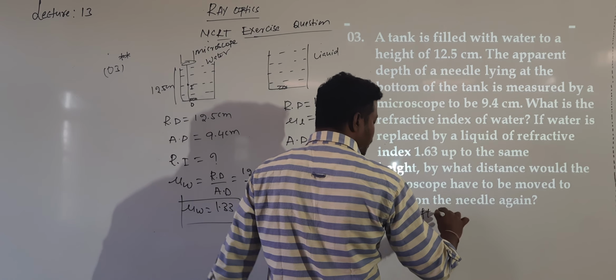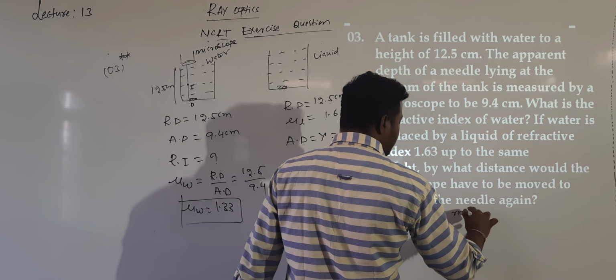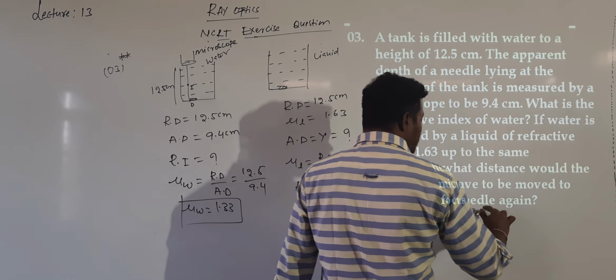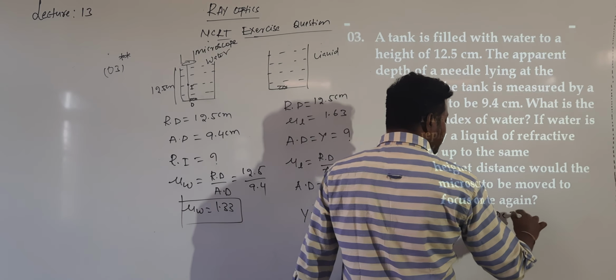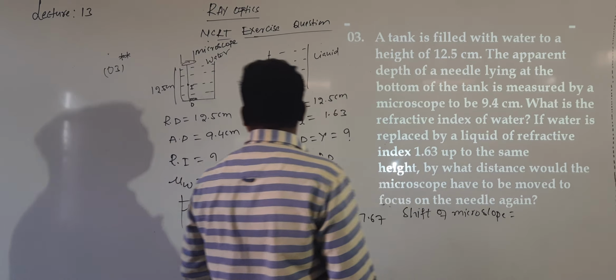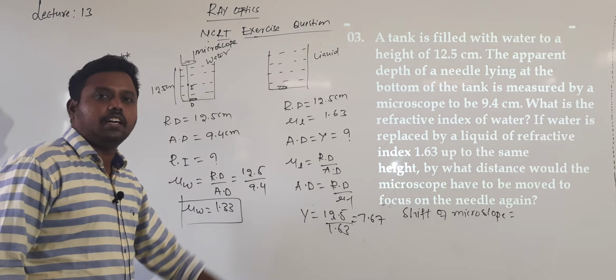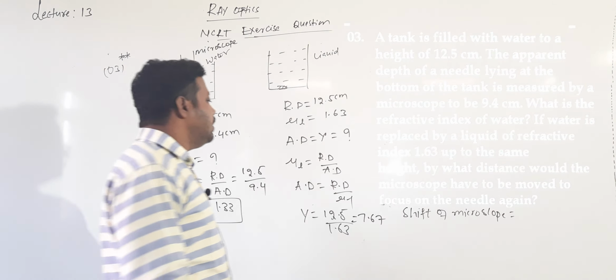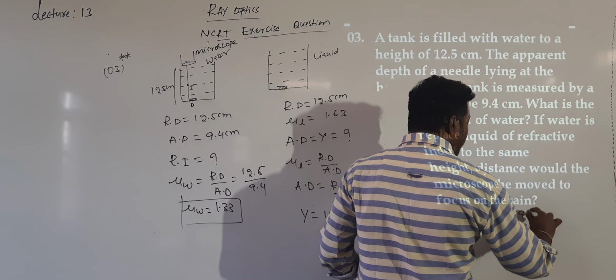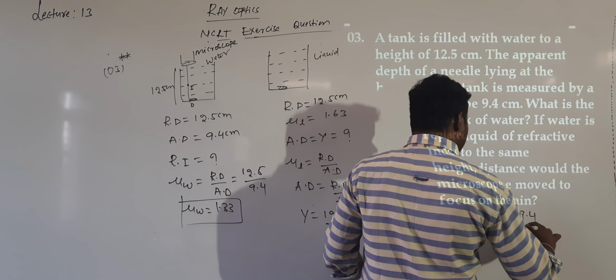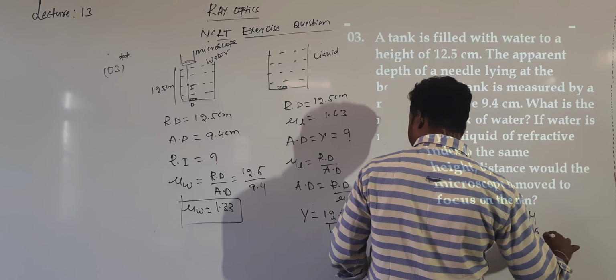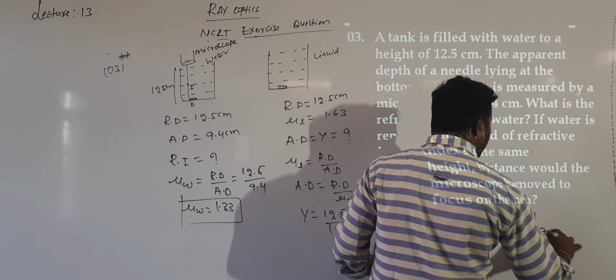The shift of the microscope is, before, 9.4. Now it is 7.67. That shift value will be given by 9.4 minus 7.67.